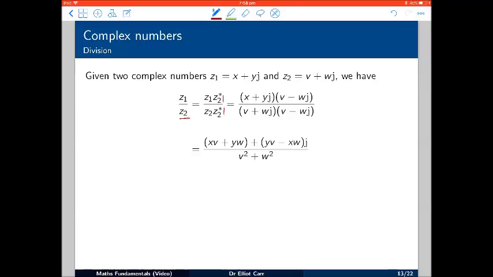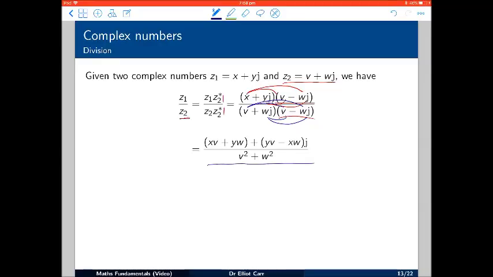In this example, z2 is equal to v plus wj, so for the conjugate I change the sign on the imaginary component, giving v minus wj, and multiply the numerator and the denominator by that. Then if I go through and expand my brackets on the top and the bottom, what I end up with is this result.